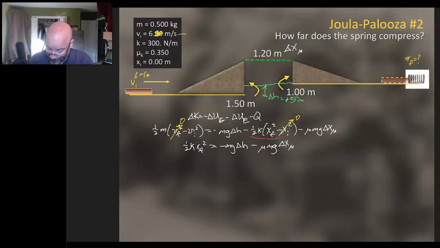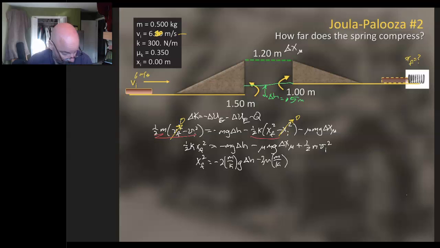Okay, and then we can't forget about the 1/2 m v squared term there. So it's negative v i squared, so it turns into positive over here, 1/2 m v i squared. Okay, then we got to get rid of our 1/2 k, so we got x f squared, and we get minus 2 m over k g delta H minus mu m over k.